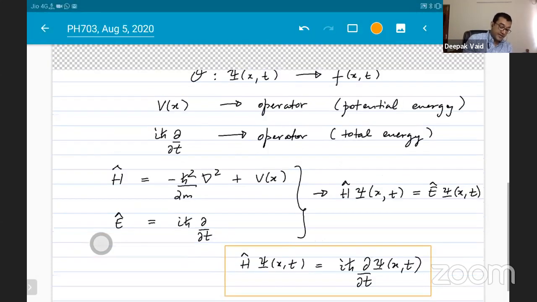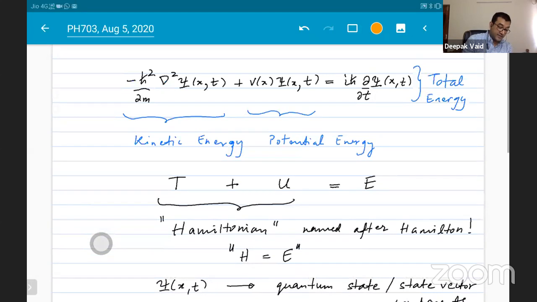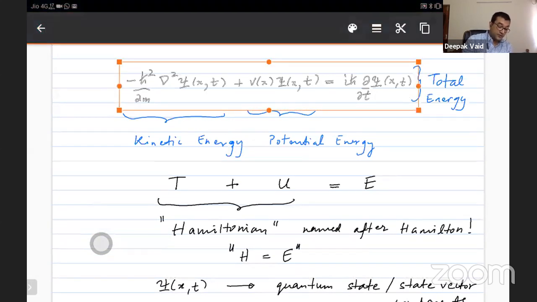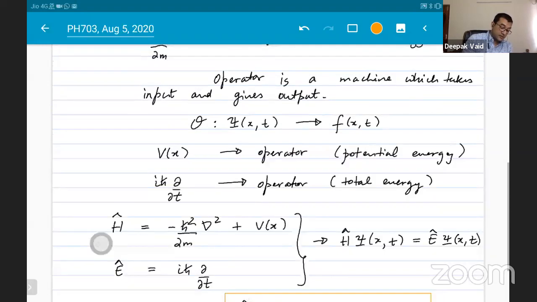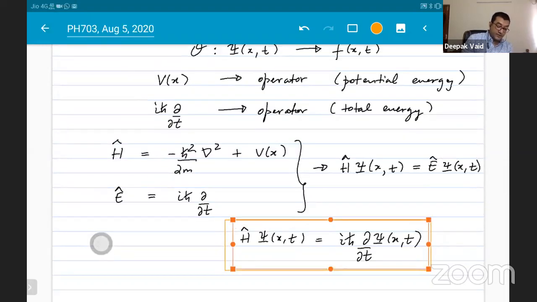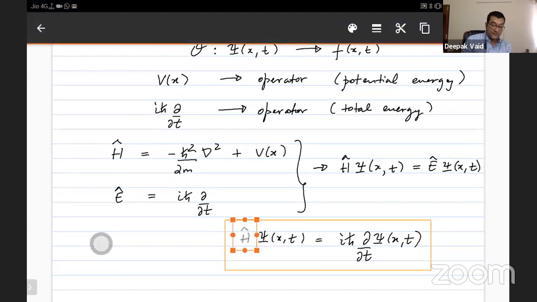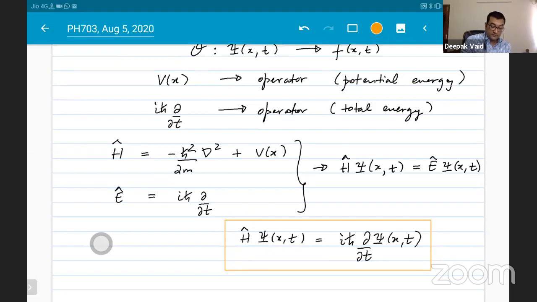This is exactly the same statement as this one, okay? These two are completely identical. This expression and this expression both say exactly the same thing. The only difference is that here we have written the left hand side as a single operator. Okay. Any questions at this point?